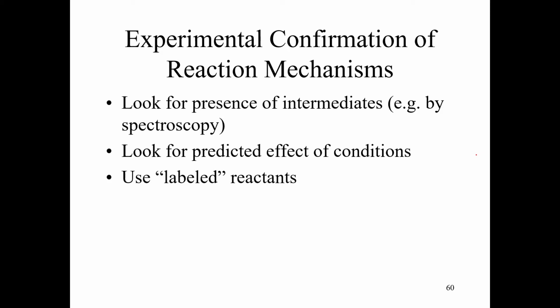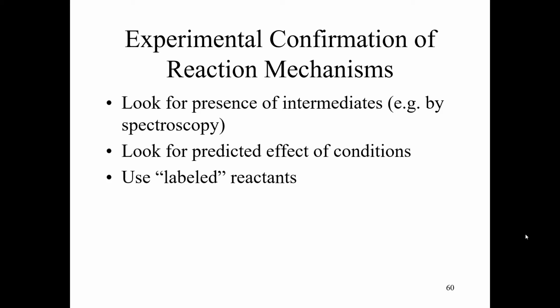And for example, starting with a molecule of glucose that has a C14 radioisotope at a specific position in the molecule, we can track what happens to that particular carbon throughout the metabolic pathway.